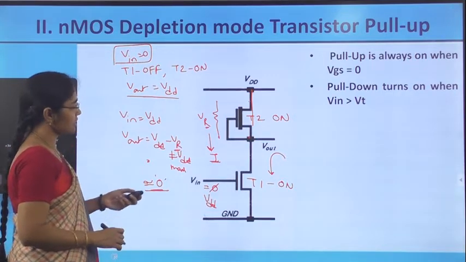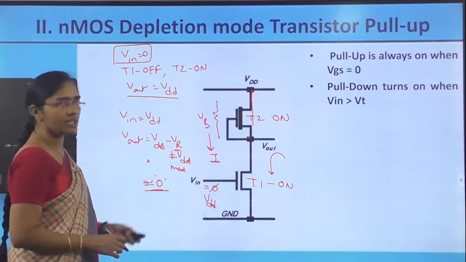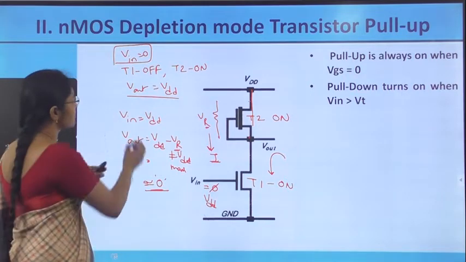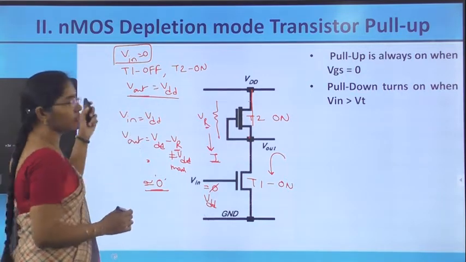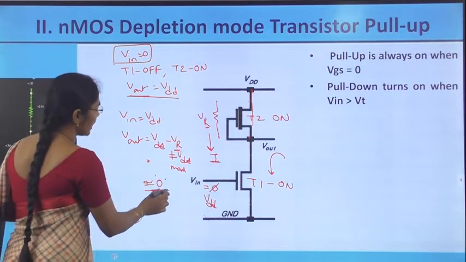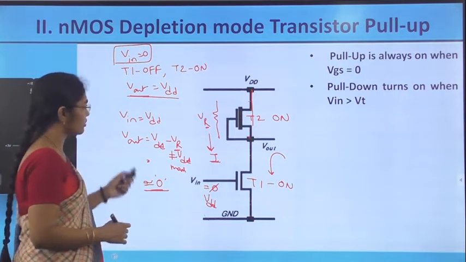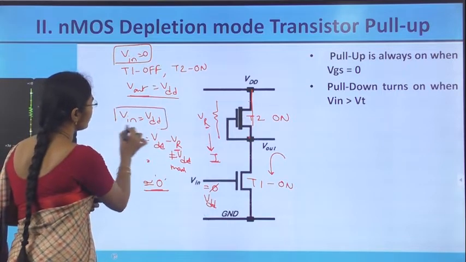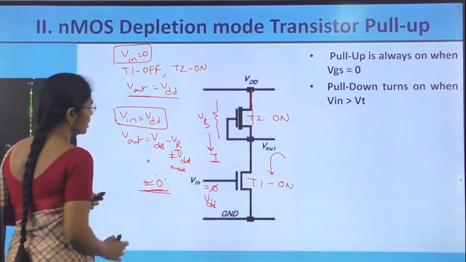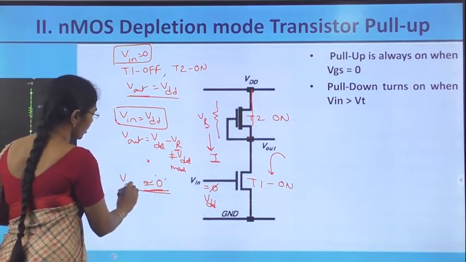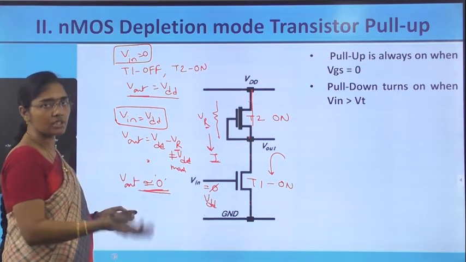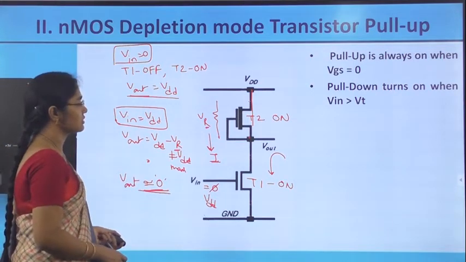So when we see the characteristics of this, we can observe Vout is equal to VDD for Vin equal to 0, and for Vin equal to VDD the output is approximately equal to 0. Means the output is not full 0 for this circuit.